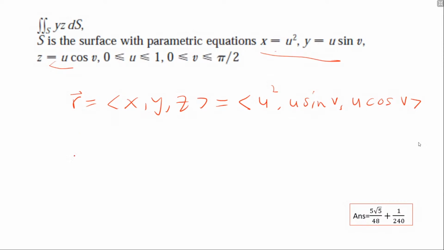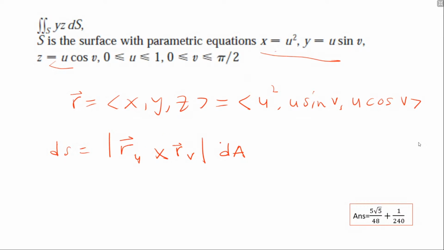In order to apply the formula of dS, which is equivalent to the magnitude of R_u cross product R_v, because here we use variables u and v, you differentiate with respect to u, then with respect to v, and find the magnitude of the cross product. This is equivalent to your area in terms of u and v.